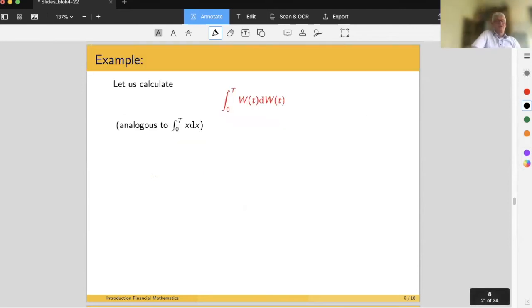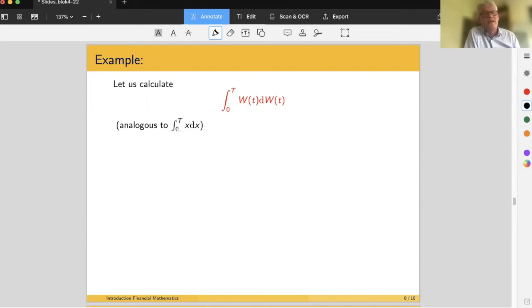So let's look at an example. We will determine an Ito integral. And in this case, our Delta is just W. So we will calculate here the integral from 0 to t, W_t dW_t. So this is in a way analogous to the integral from 0 to t x dx.